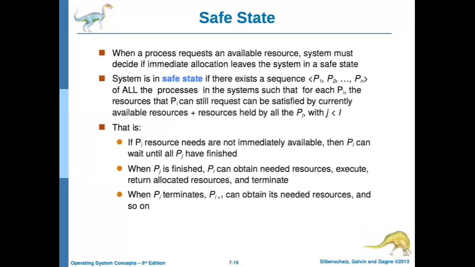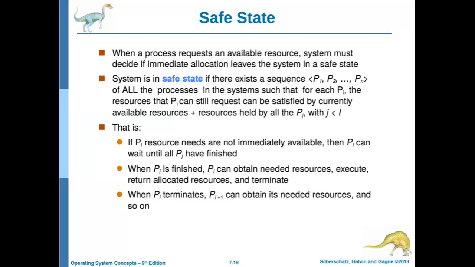Whenever any Pi gets terminated, P of i plus 1 can obtain the needed resources, and so on. So that is what the safe state of the system is: there should exist a sequence of execution in such a way that the operating system will make progress towards execution of all the processes.